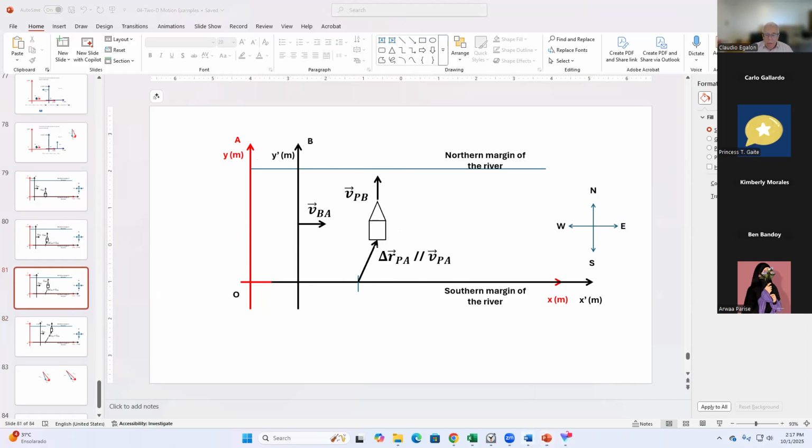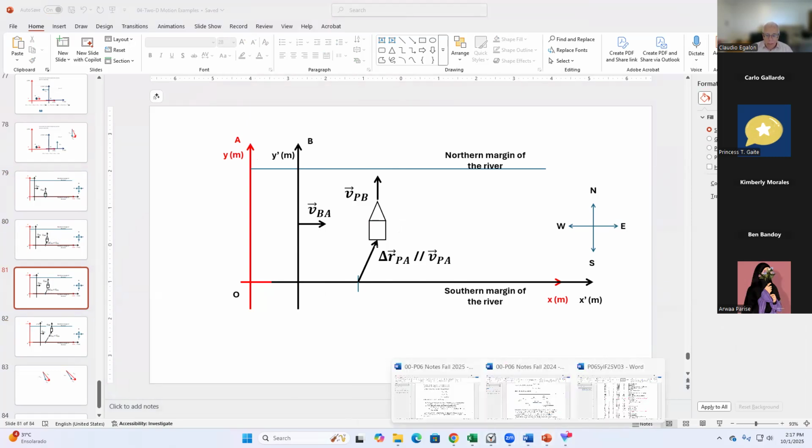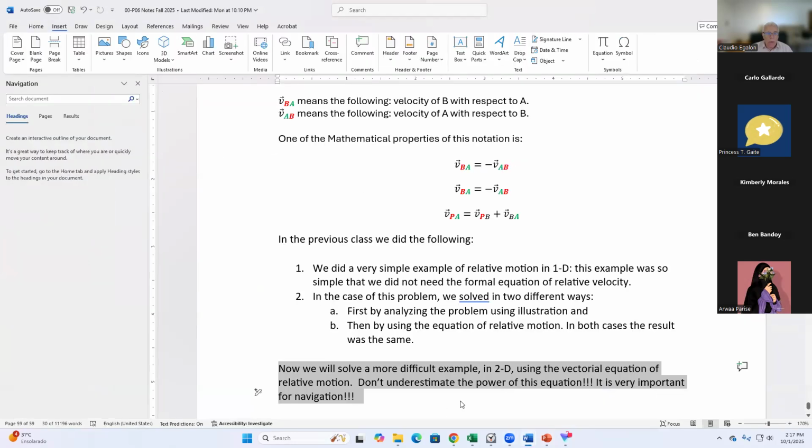And now, okay, let's do an example. Now we'll solve a more difficult problem in 2D using the vectorial equation of relative motion. Don't underestimate the power of this equation, right?